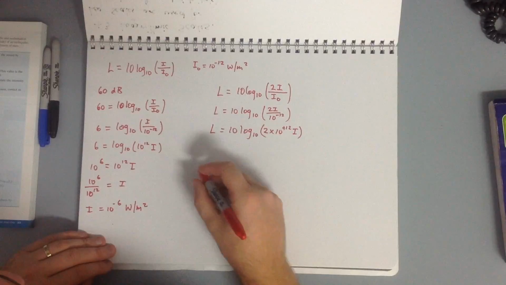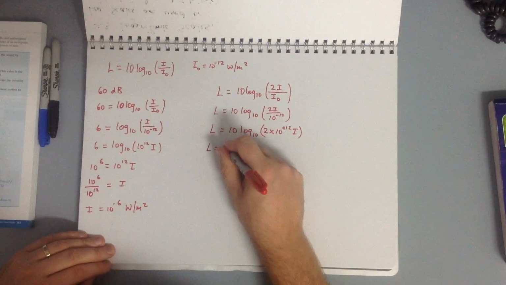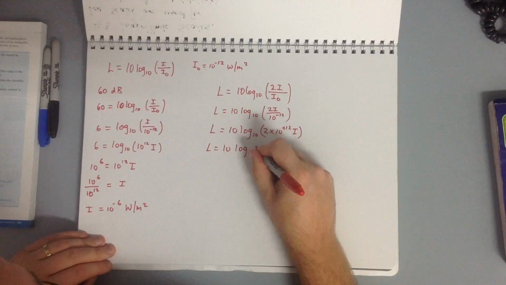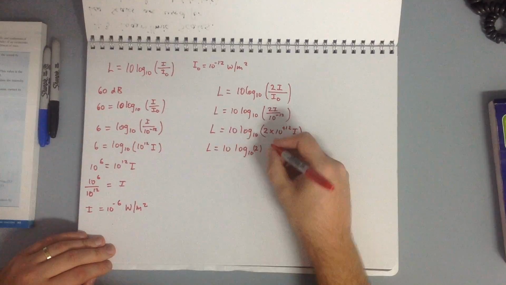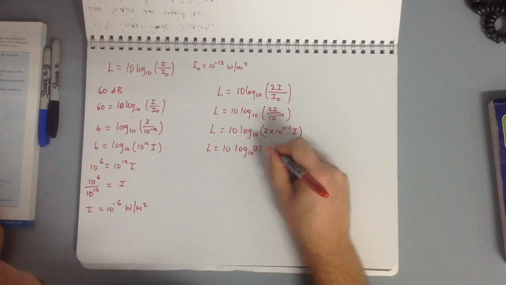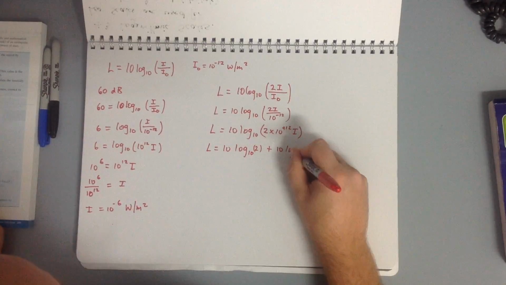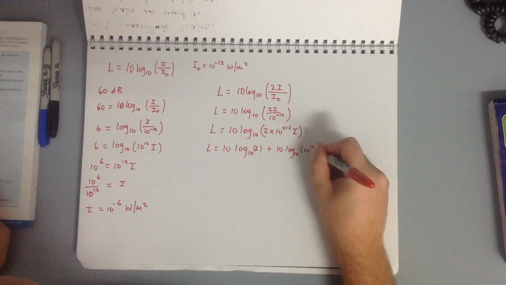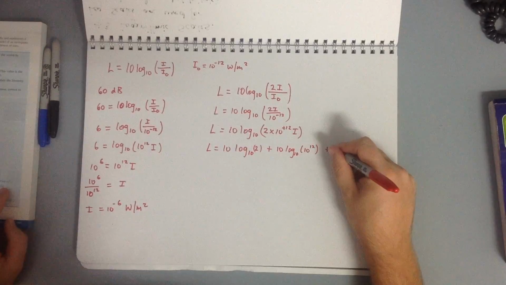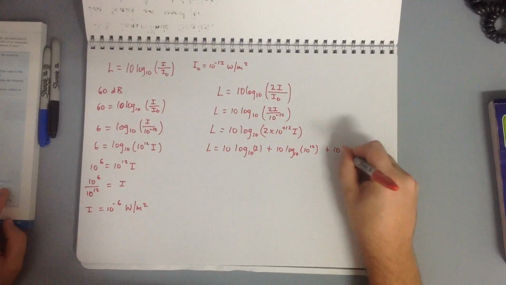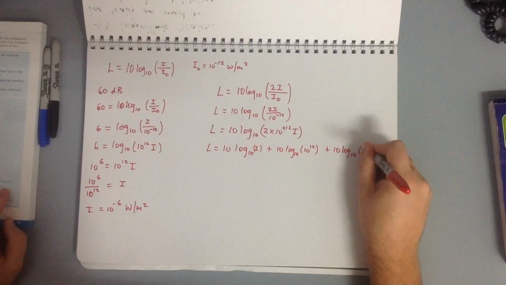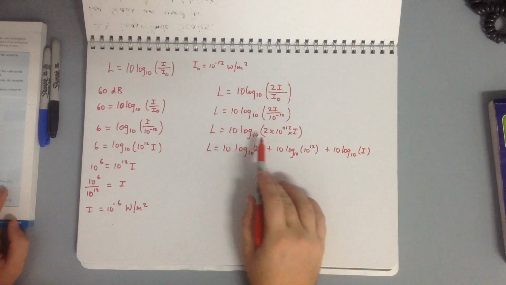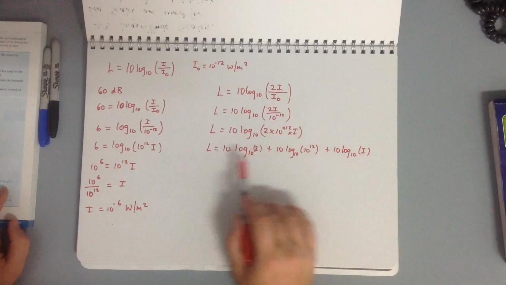So what we can do here is split this up and say that we've got 10 log to the base 10 of 2, plus 10 log to the base 10 of our 10 to the 12, plus 10 log to the base 10 of our I. All I've done there is split these up, because these are all multiplied. So from our log laws, we're allowed to split up into a series of additions.